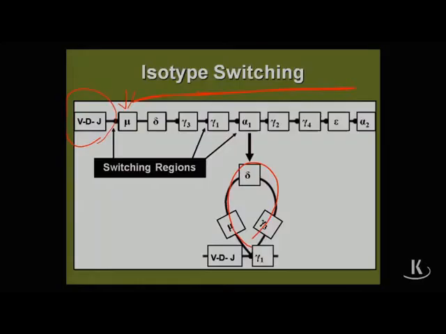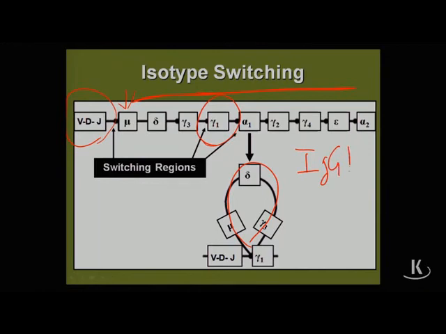The mechanism is similar to the rearrangement process that we've already talked about. You don't need to know specifics of isotype switching. You essentially need to know where it happens and what are the requirements. Okay? But again, you can see we're looping out the DNA, and what we're doing now is we're going to switch to an IgG1. Okay?